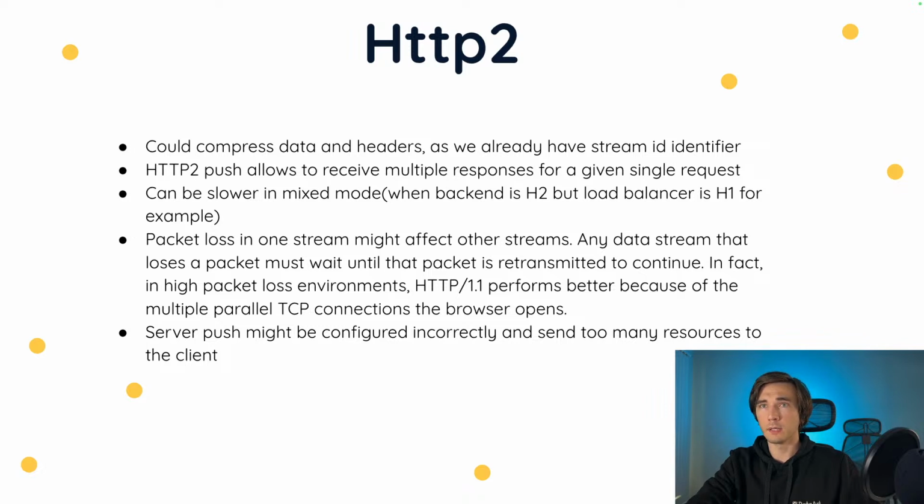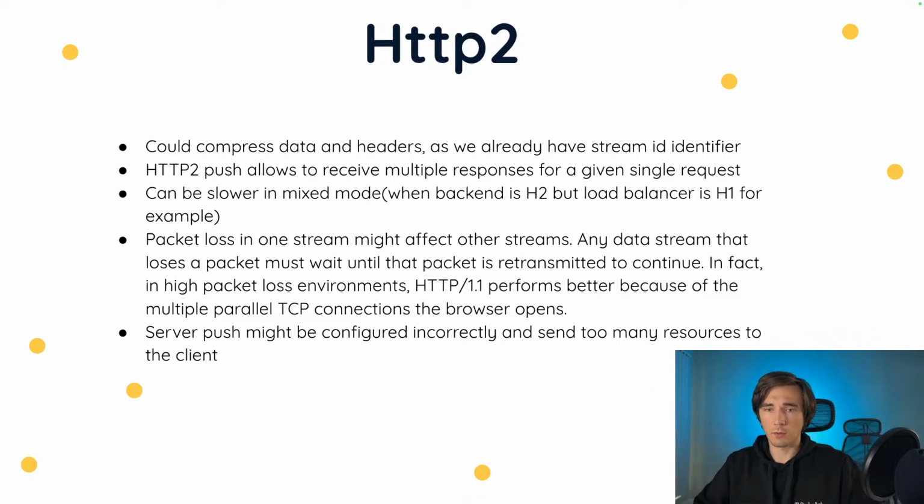And also, it might be slower. Let's imagine you have the client, some proxy server, your web server, and your backend. So you have the client and proxy connection using HTTP2, and proxy and backend in HTTP1.